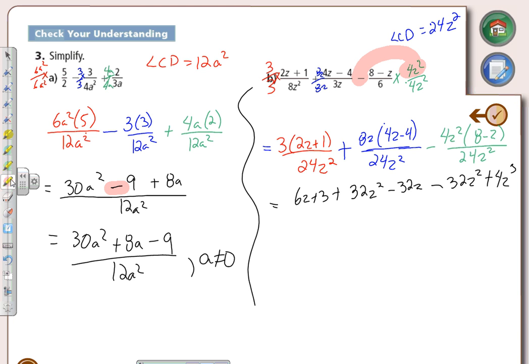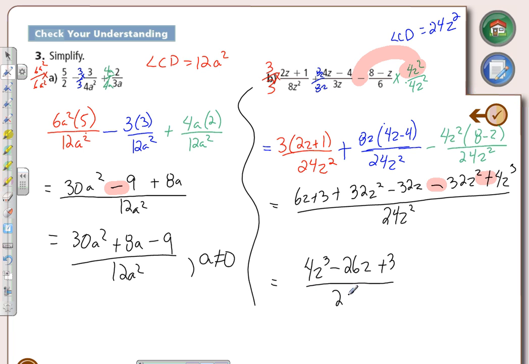And those two signs you got to really watch out for, because we're distributing in the negative with the negative 4z squared. Over 24z squared. Combine all of your like terms, and we get left with 4z cubed minus 26z plus 3 over 24z squared.